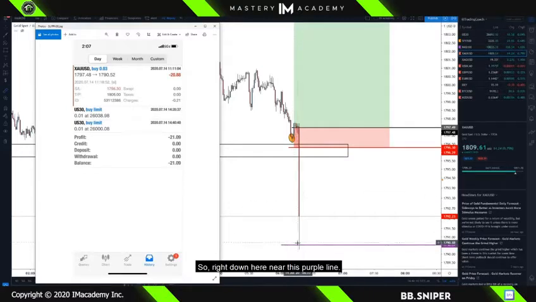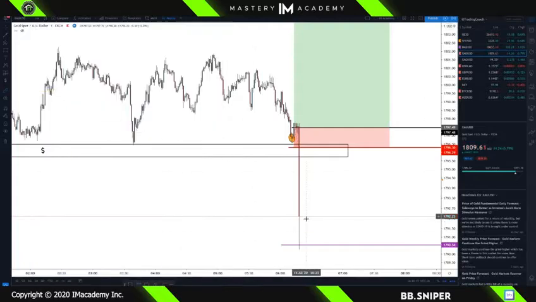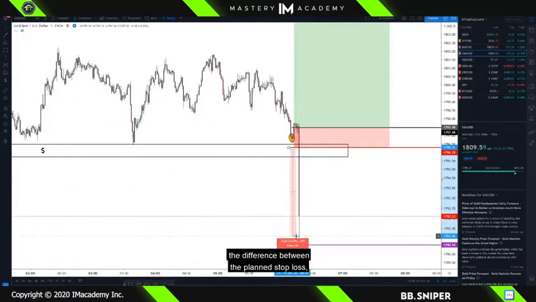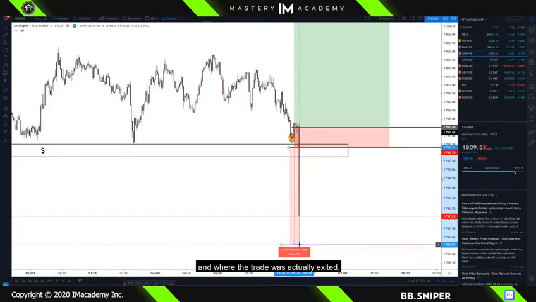So right down here near this purple line. If we were to measure the difference between the planned stop loss and where the trade was actually exited, that was 57 additional pips to the downside.